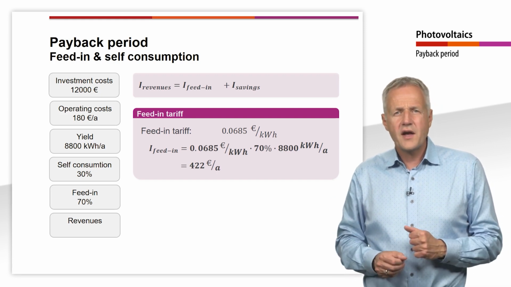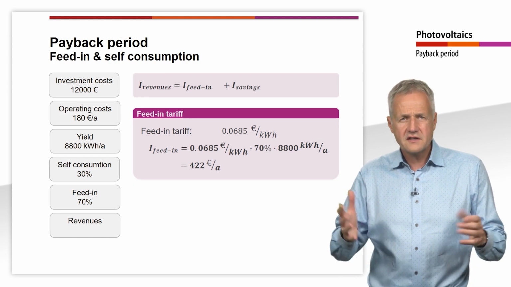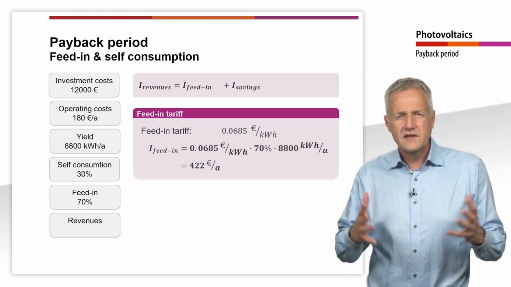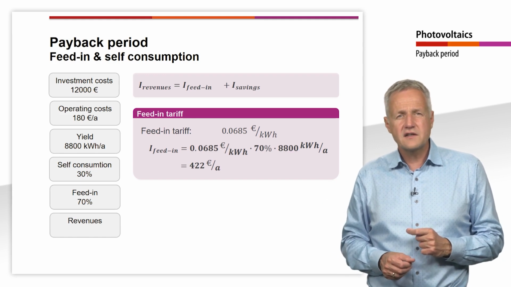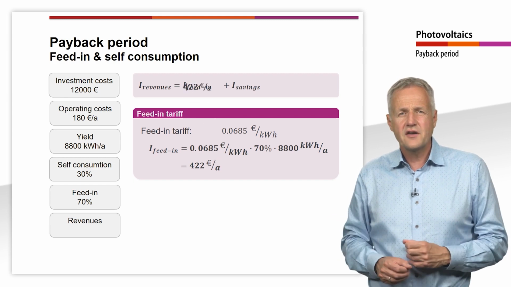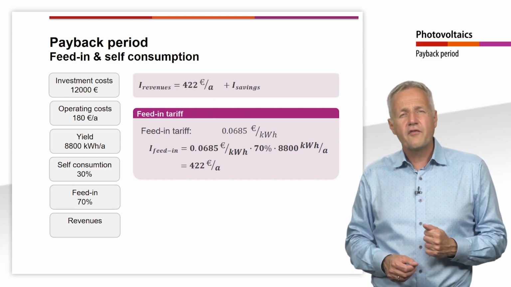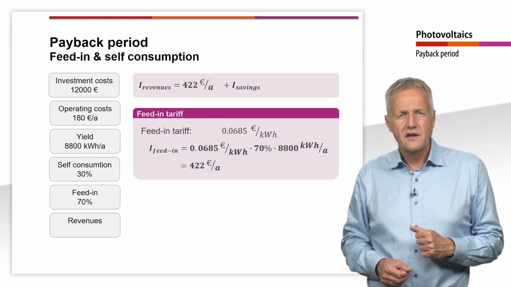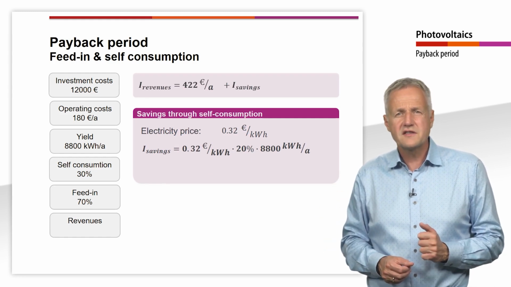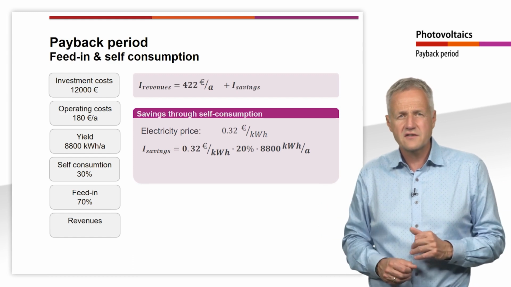The benefits are made up of the feed-in tariff and the savings from self-consumption. With 70% feed-in and a plant yield of 8,800 kilowatt hours per year, this results in feed-in earnings of 422 euro per year. For the savings from self-consumption, we assume for simplicity that electricity prices will not change in the future.